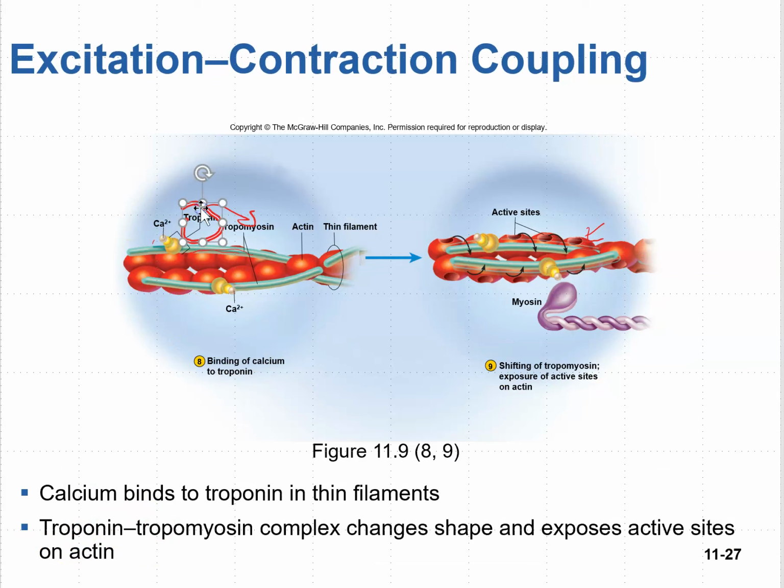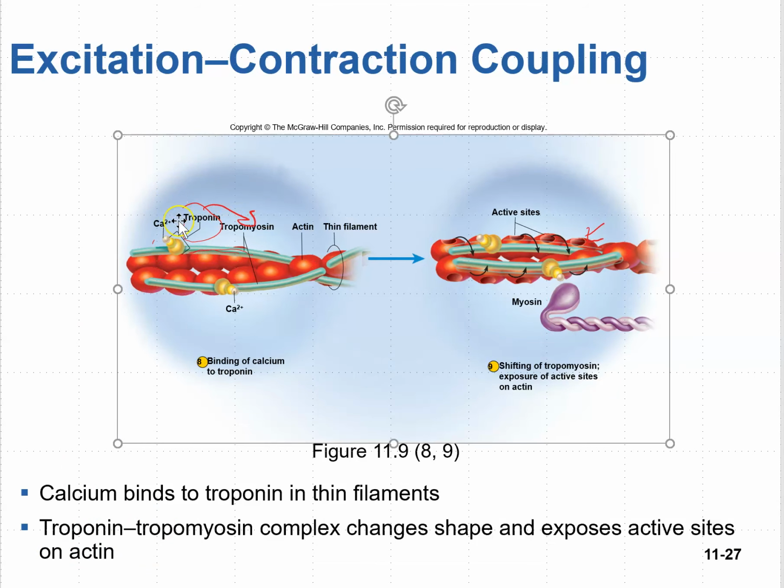So when calcium binds to the troponin complex from the cytosol, troponin changes shape and pulls on the tropomyosin molecule. Now, troponin loves calcium ions. So if there are a lot of calcium ions in the cytosol, troponin is going to attach to calcium and change shape.